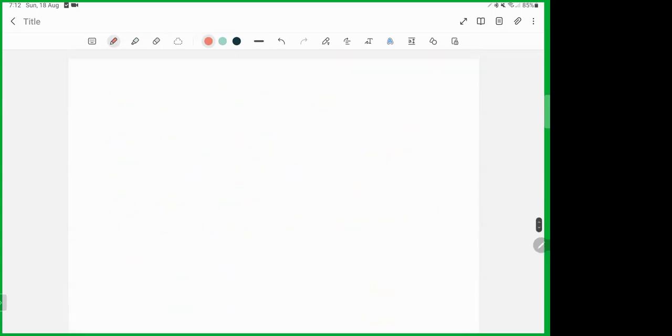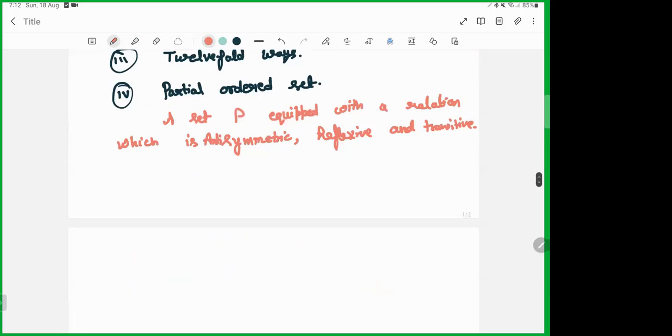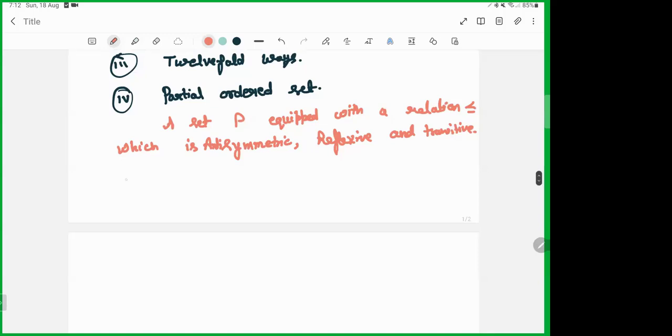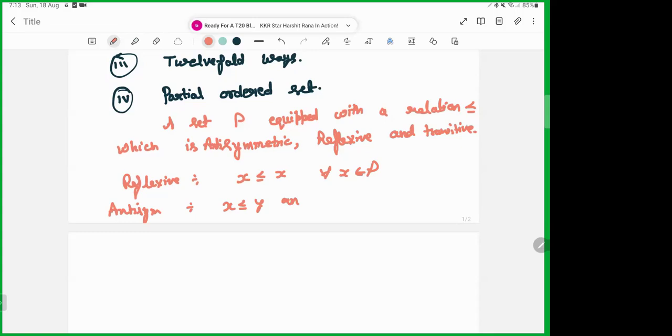Let's denote the relation by this symbol. Reflexive means x is less than or equal to x for all x in P. Anti-symmetric means x is less than y and y is less than x implies x equals y.